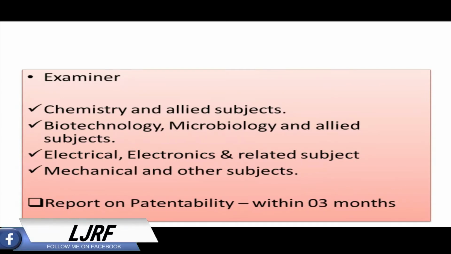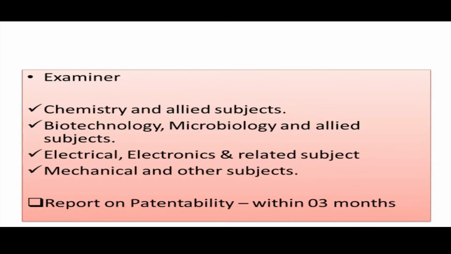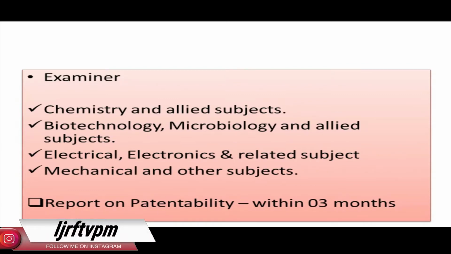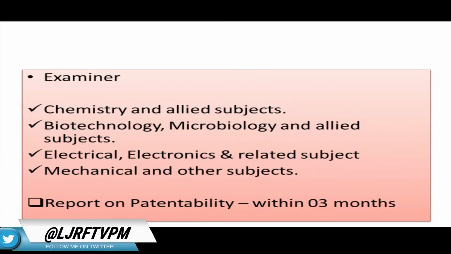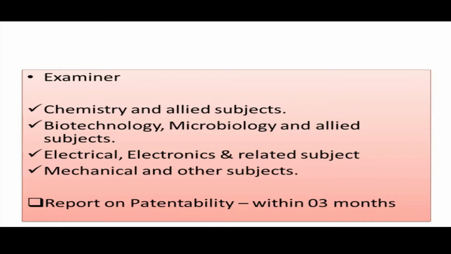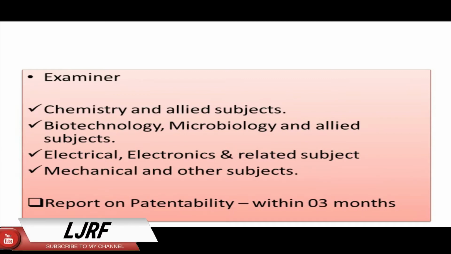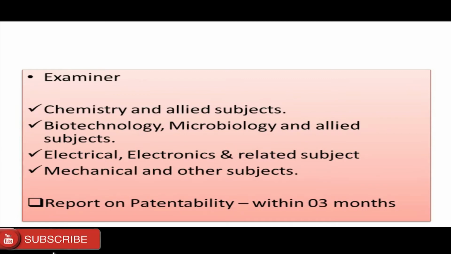We have a patent application being examined by the patent office, and the person who is taking care of that is known as the examiner, and he'll be looking at this patent application to verify whether it is complying with all the patentability requirements or not. And this report, which is known as the report on patentability, will be handed over to the patent claimant, the applicant, within 3 months of the examination.